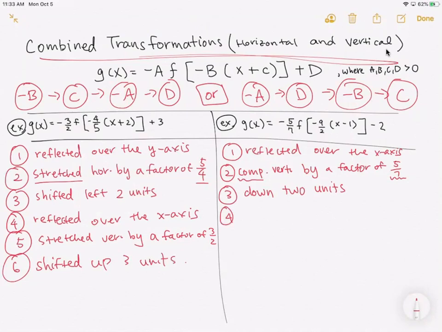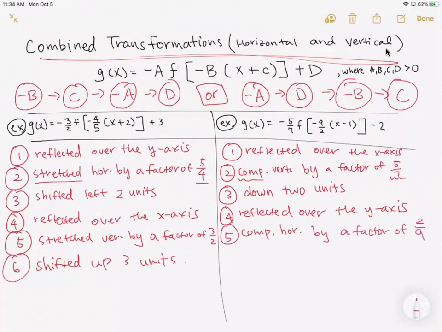And then we have to deal with our negative b part. So I'm going to do the negative part first. f of x is reflected over the y-axis, and it will be compressed horizontally by a factor of 2/9, which is because negative b is negative 9/2, and the factor will be 1/b, so 1 over 9/2 gives you 2/9.